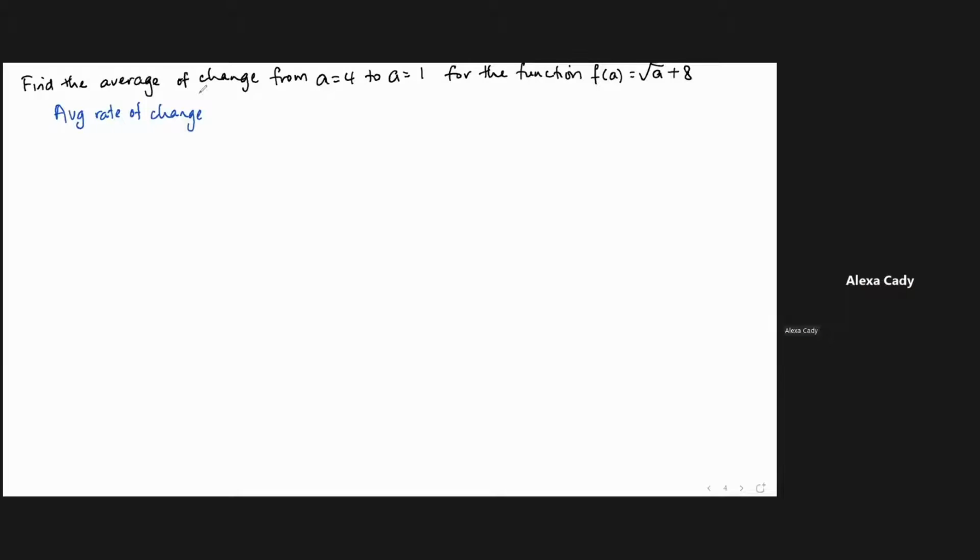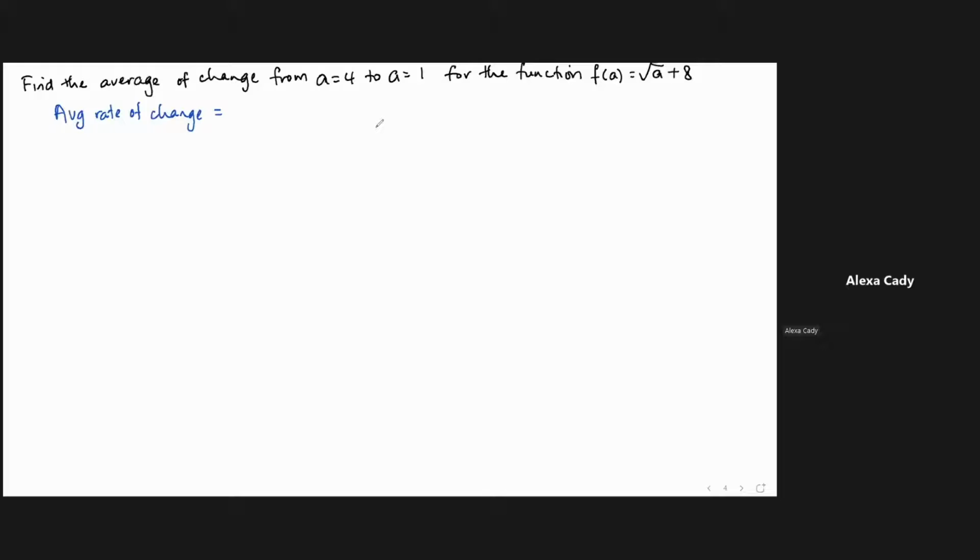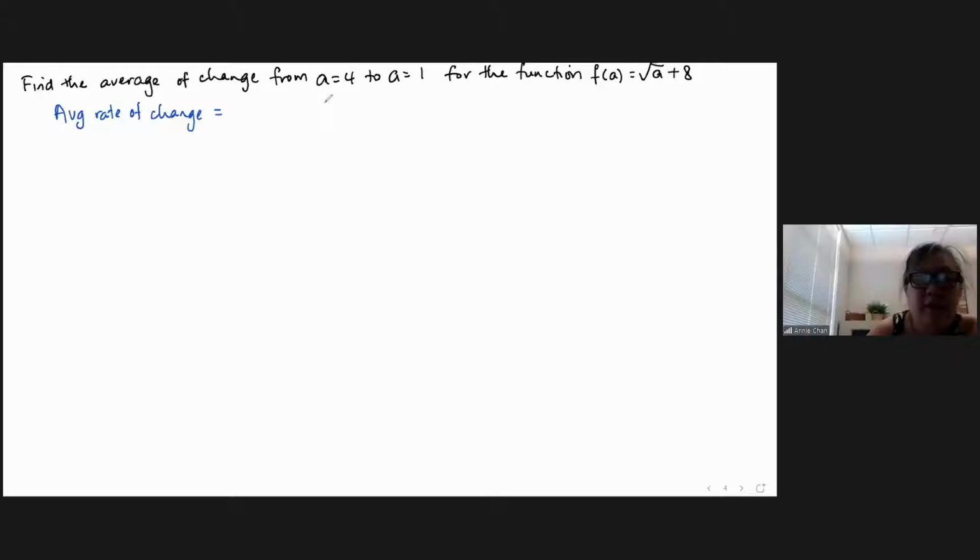Is that change of x over change of y? Yes, but in a sense, I don't have x and y, right? If I'm only giving you x in the form of a, so I don't have y and x.